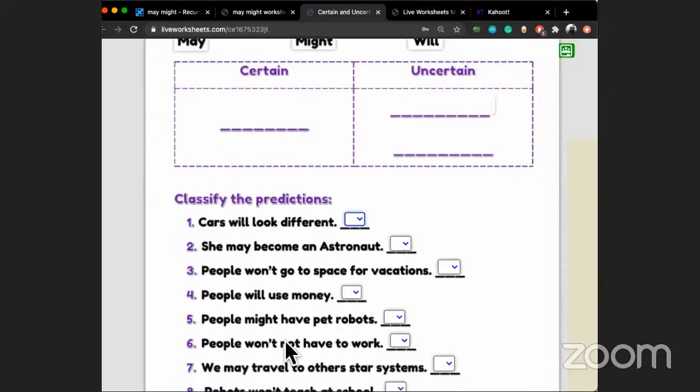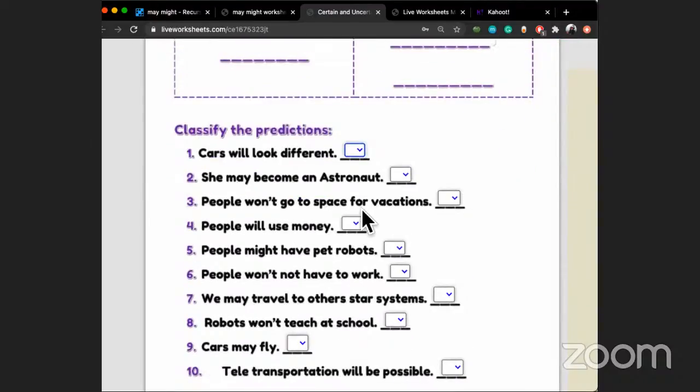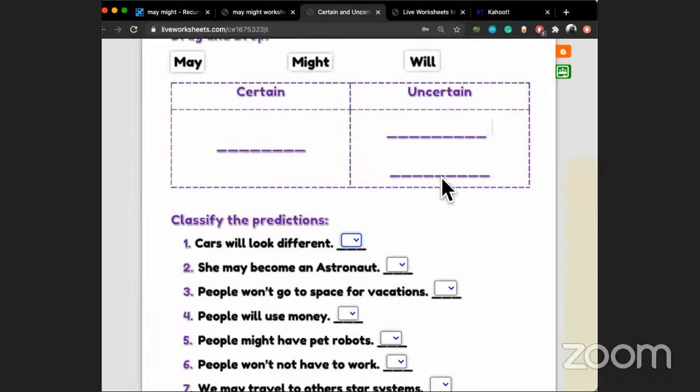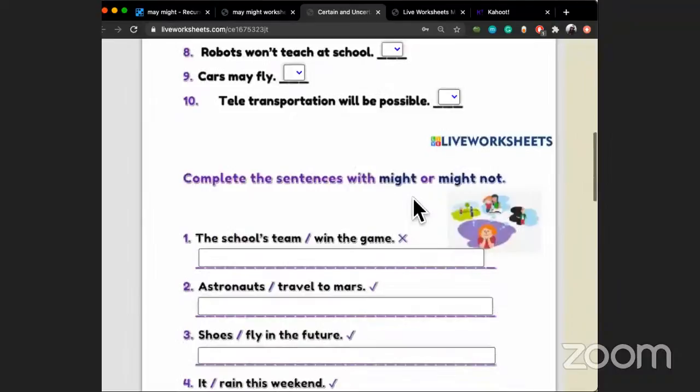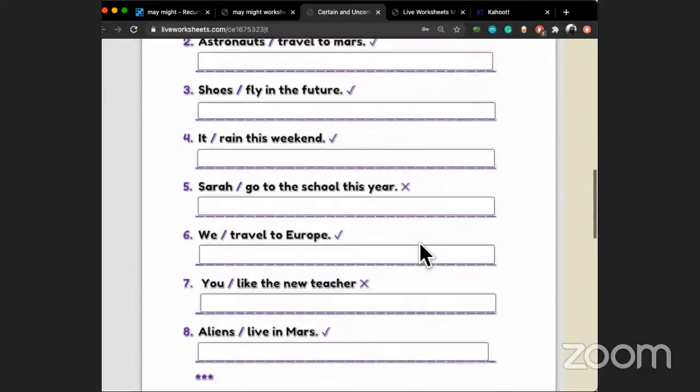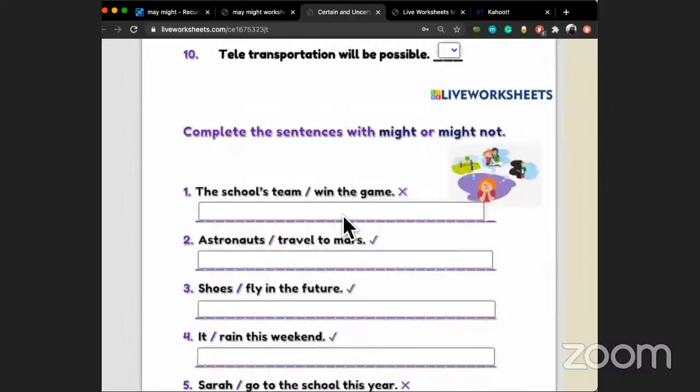So just try to take a look at the sentences and classify in these two categories. And then after, if we still have some time, we're gonna try to practice might and might not. Basically, we have to put might or might not here in the middle, depending on the content.